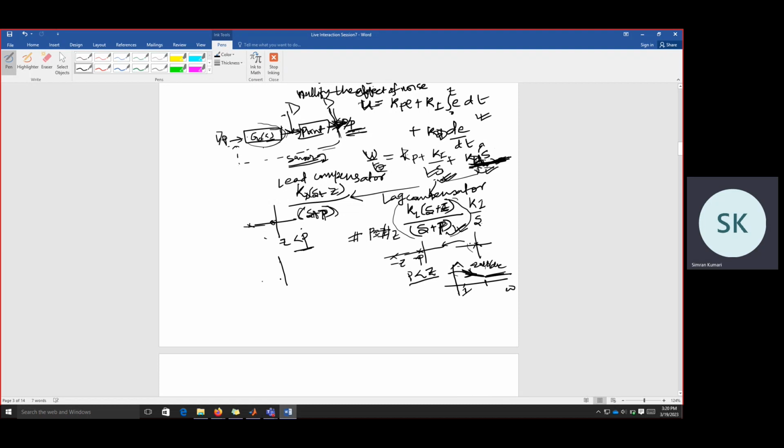For a lead compensator, you first have a zero and then a pole, so you have this kind of system. This is the magnitude plot. If you talk about the phase angle, it will contribute positive angle, then it will tend like this.